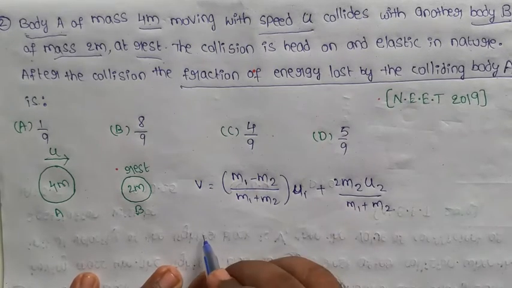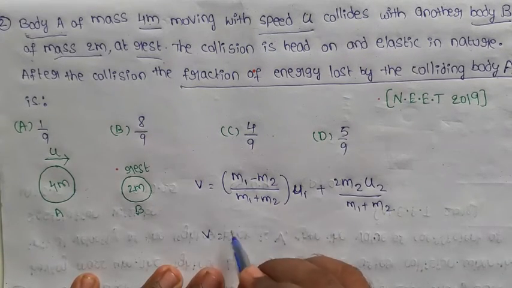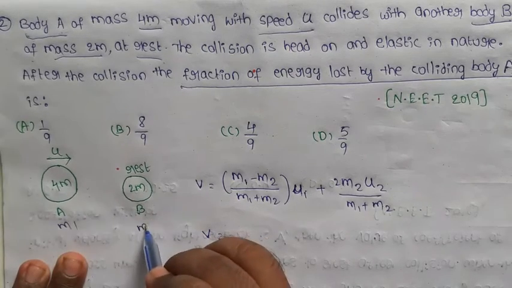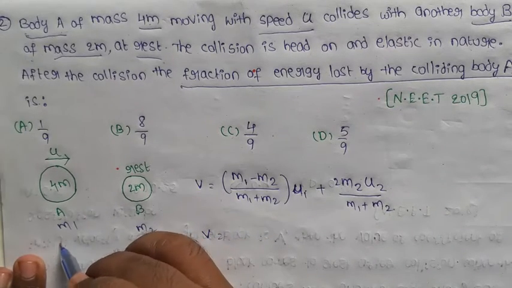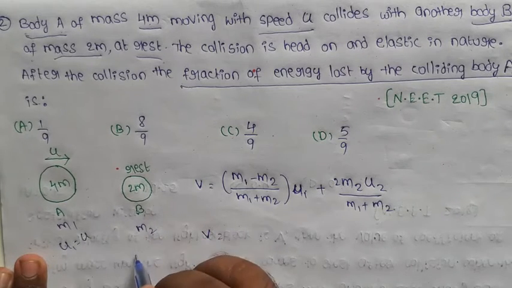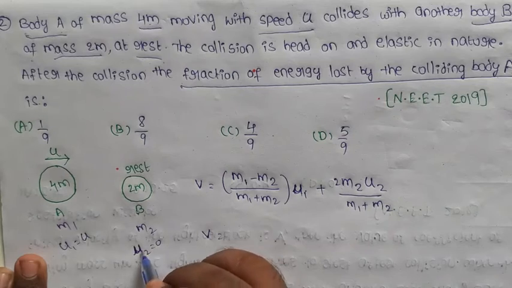This is the m1, this is the m2, this is the u1. So u1 velocity is u, u2 velocity is 0.